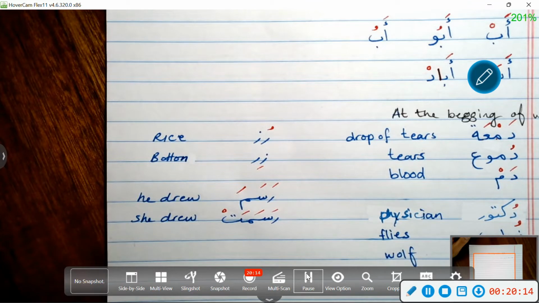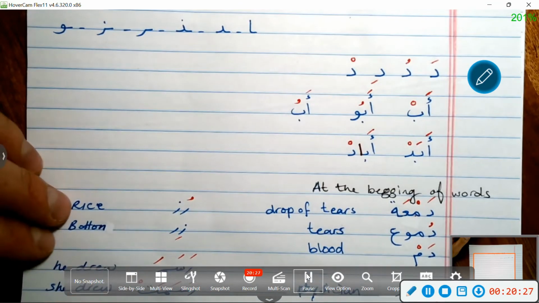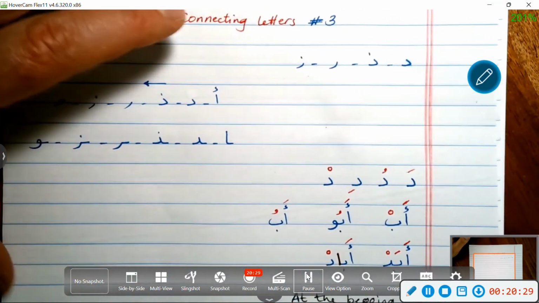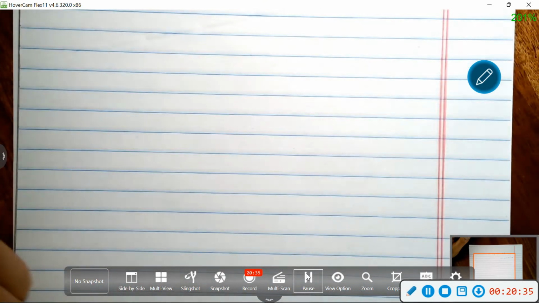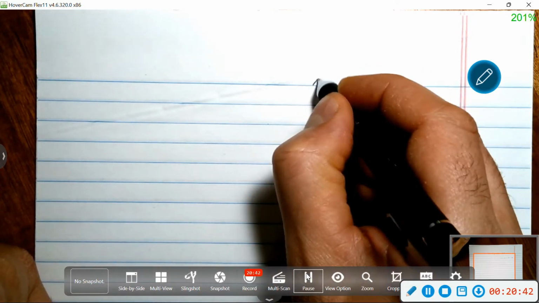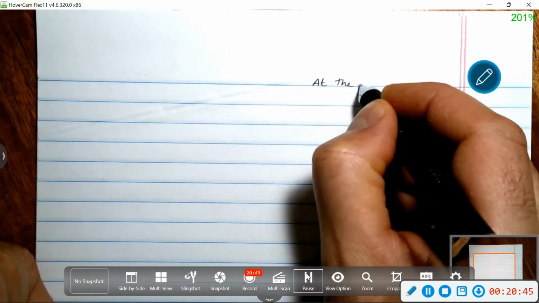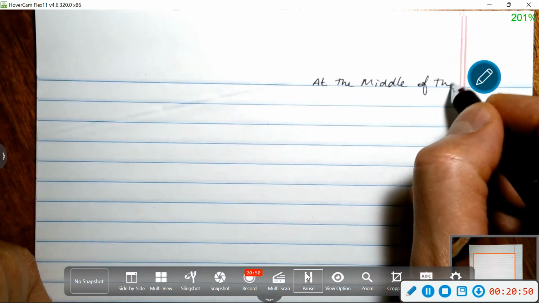Now we're going to move to the next section, which is add in these letters, dal, zal, ra, and zai, in the middle of the word. So we're going to take this away, and put a small title at the middle of the words.